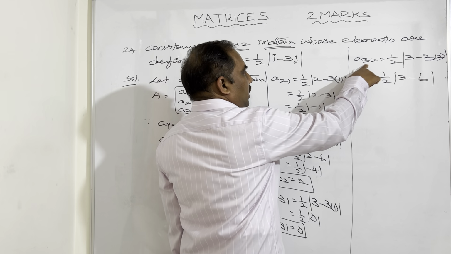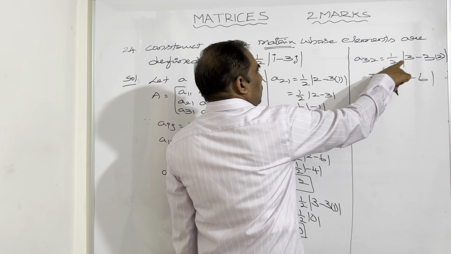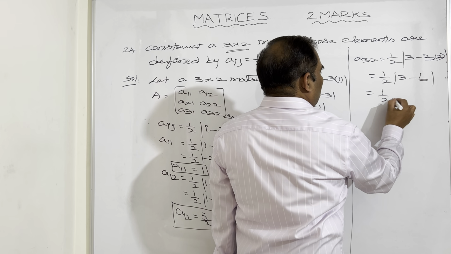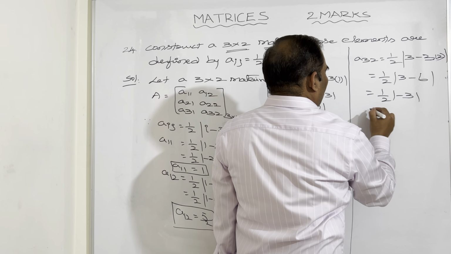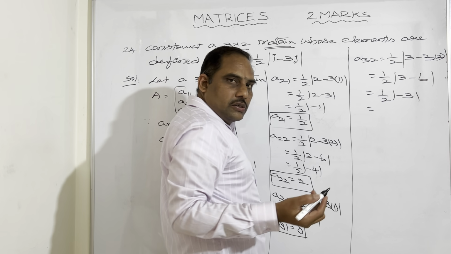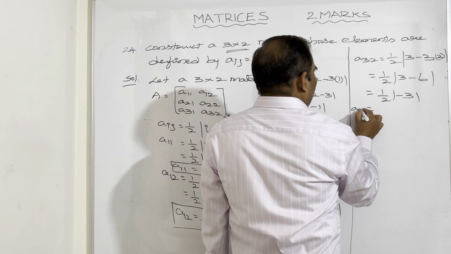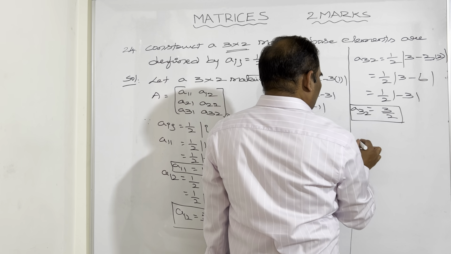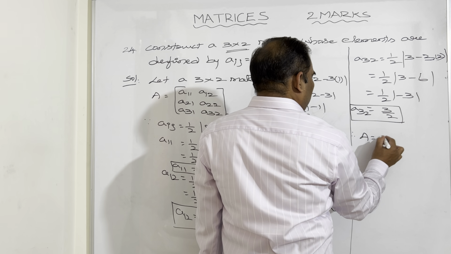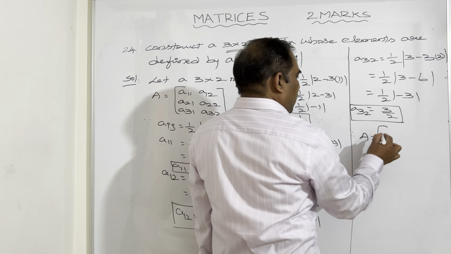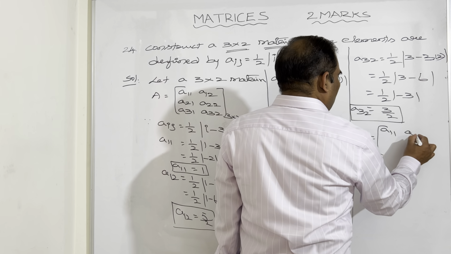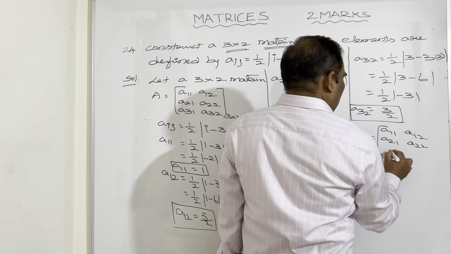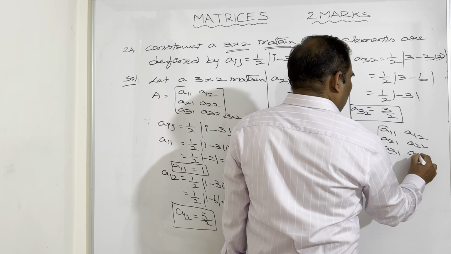So which is equal to 1 by 2 into minus 3. Modulus of minus 3 is plus 3 only. So that's why A32 is 3 by 2 we get. So now therefore after finding the elements, capital A is equal to, we have A11, A12, A21, A22, A31, A32.